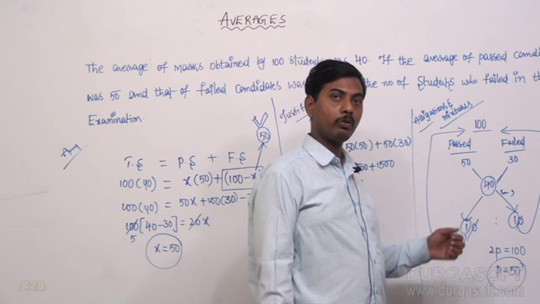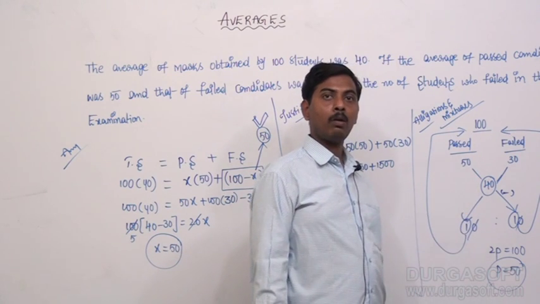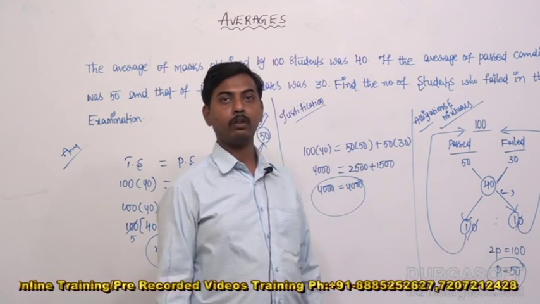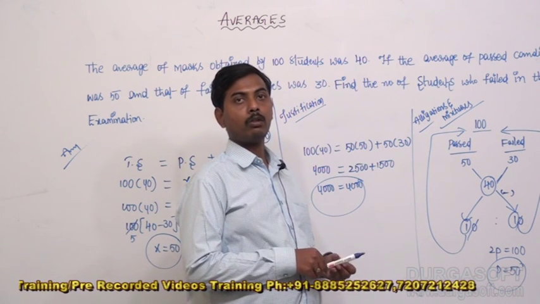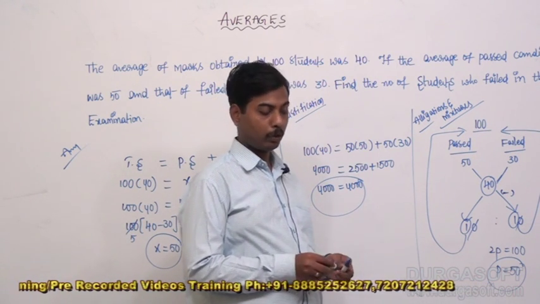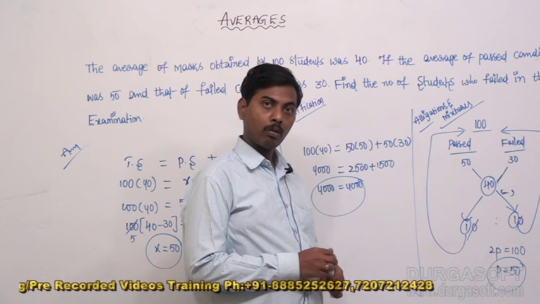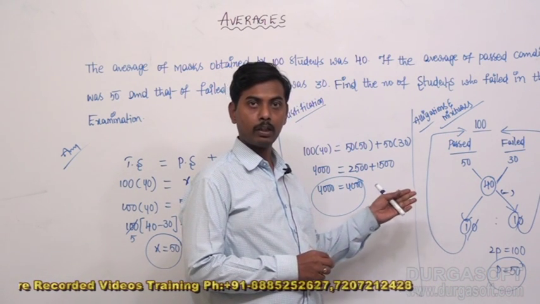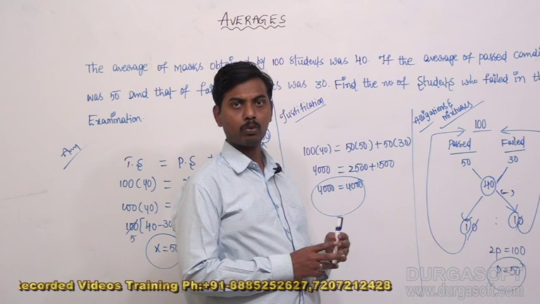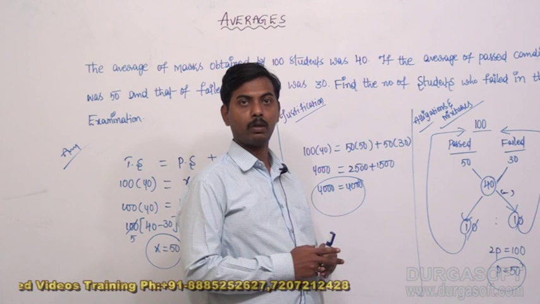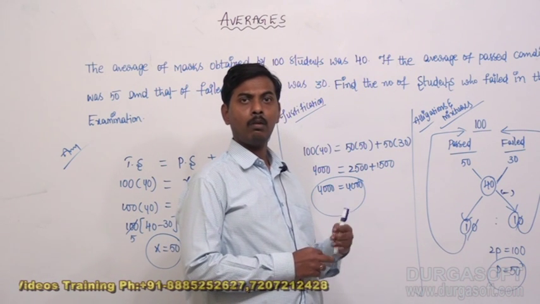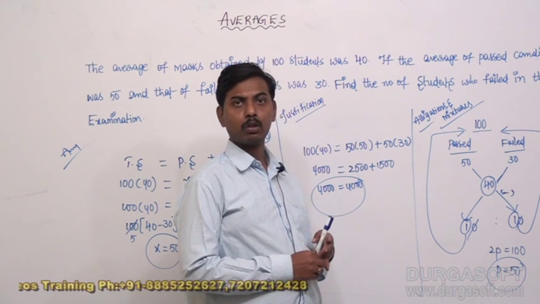I think now you understand the importance of alligations and mixtures. Whenever we get more than one quantity or quality in the given information, for all those kinds of questions we can directly apply the alligations and mixtures shortcut, so that we can easily reach a conclusion and find the requirement of the question.